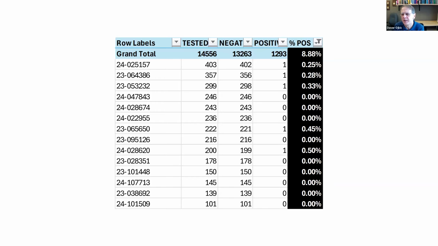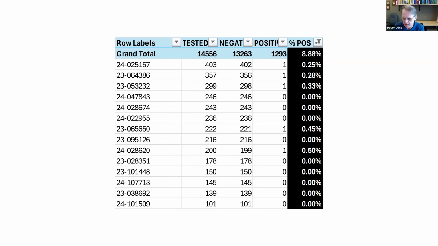But the ones that produced less than 0.07% reactors, these are only the cases that had 100 samples or more. So we do occasionally get 1 reactor for 400 samples, but other times we get 0 reactors for 240 samples.